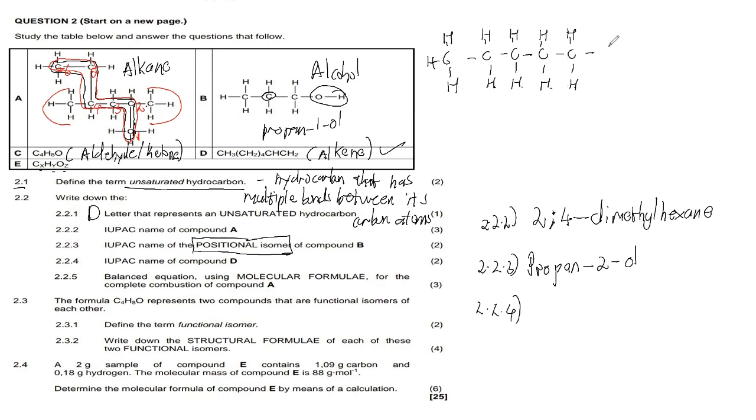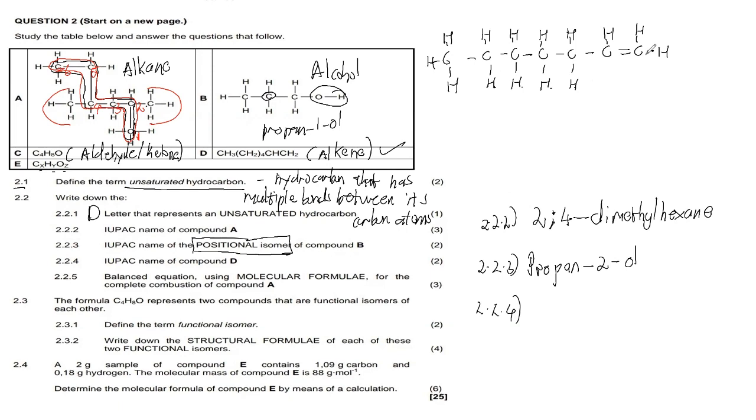And then followed by what? C bonded to an H. And then we have already discussed that in between is a double bond. And then we have C bonded to 2 hydrogen atoms. So now we can see our alkene compound. And then what's the name thereof? Remember, we are looking for the IUPAC name.